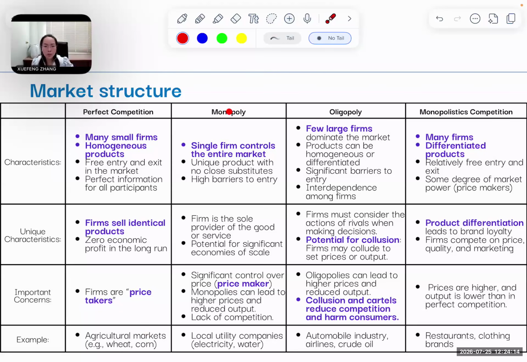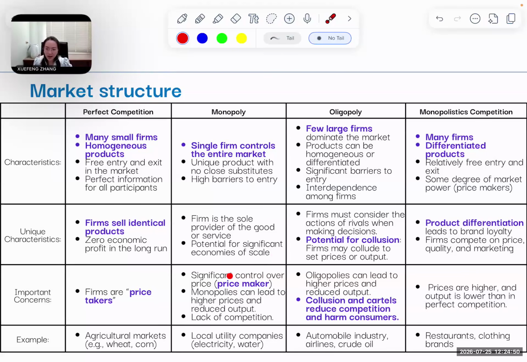Next one, monopoly. A single firm controls the entire market. There's one firm, no substitutes, and higher barriers to entry stopping anyone else from entering. Think of your local electricity company. The firm is a price maker, with full control because you have zero alternative.